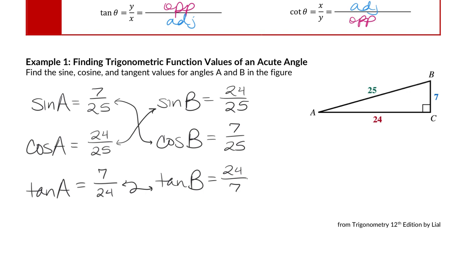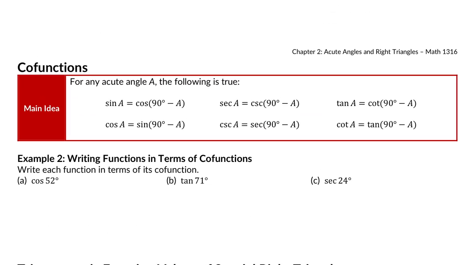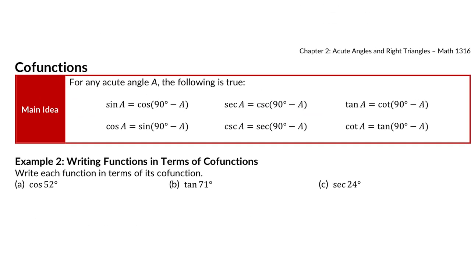But that leads me into the next term that we're going to be using in this class, which is called a cofunction. For any acute angle A, the same exact thing you just noticed, that sine and cosine go together except that they're different angles, and those angles have to be complementary, allows me to say that they are cofunctions with each other.